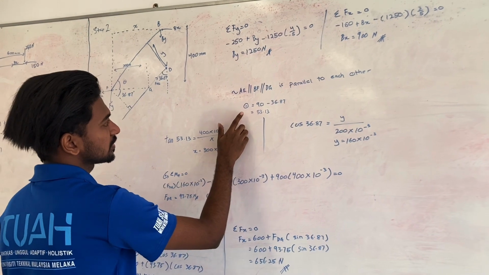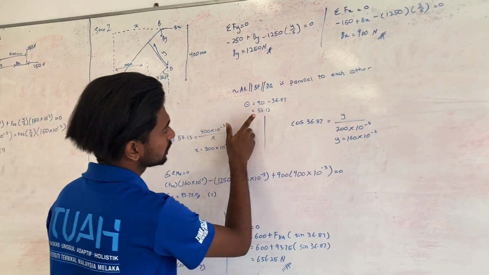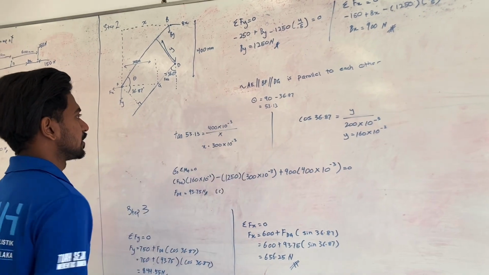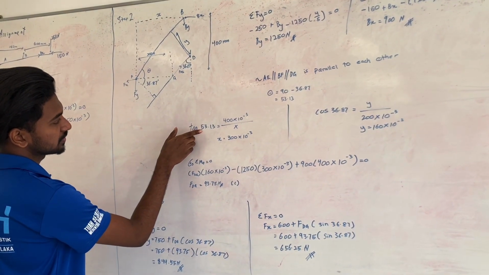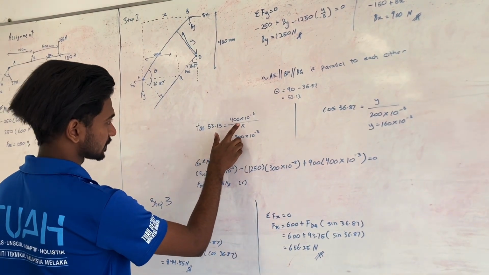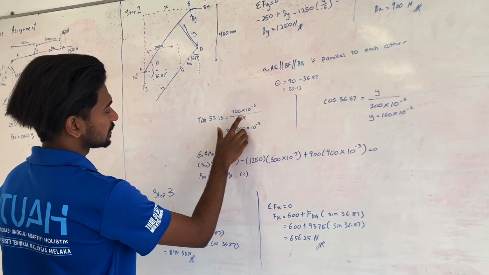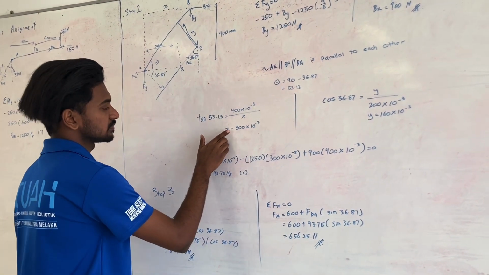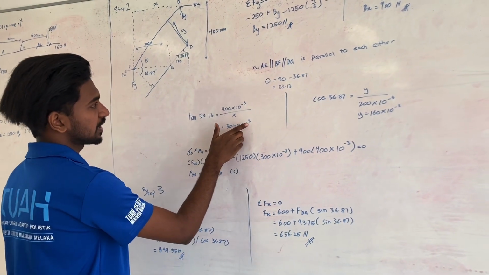So theta we got 90 minus 36.87, we got 53.13. For finding x, I'm using tan 53.13 equals 400 times 10 power of negative 3 divided by x. So x, you can simplify, we got 300 times 10 power of negative 3.